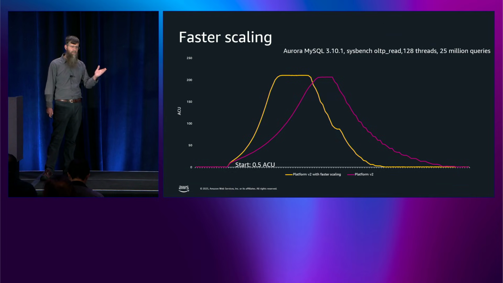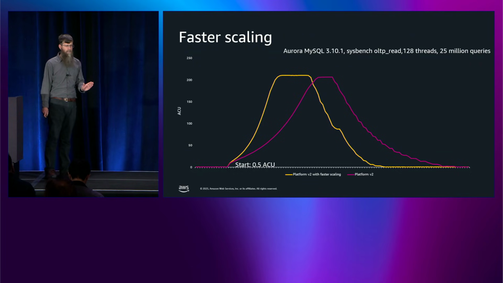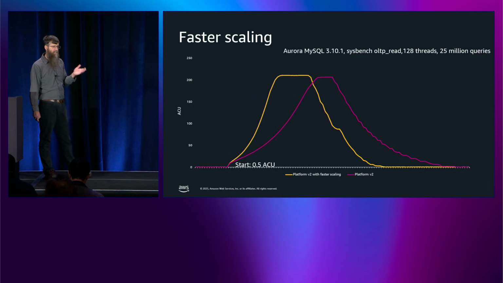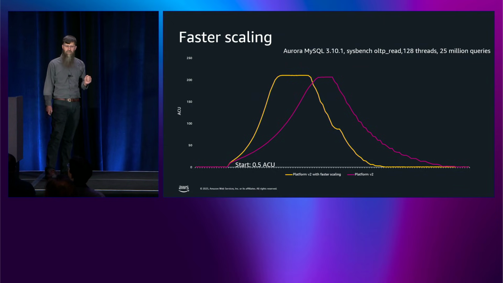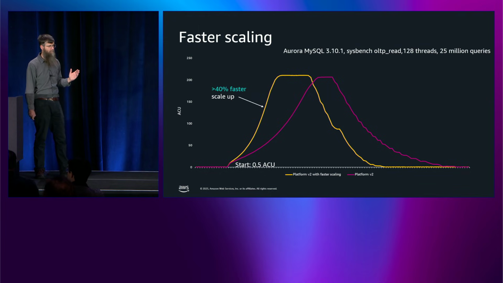First test here, this is just for faster scaling. So this is platform version 2. Yellow one is fast scaling, red one is not fast scaling. Okay, this is a sysbench read. So we're pushing pretty hard, goes up to 210 or so ACUs. What we first notice is that yellow curve is a lot steeper. We're scaling up a lot faster than the red curve is.